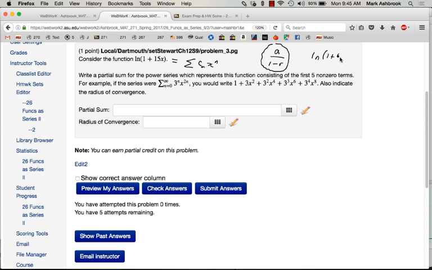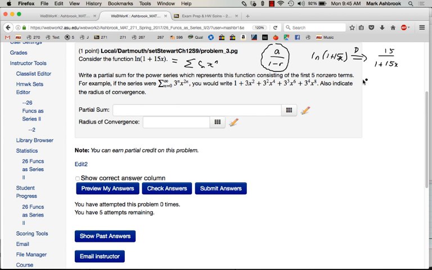So we looked at this last time. If you were to take the derivative of that, what would it be? 1 over 1 plus 15x, but then by the chain rule times 15.